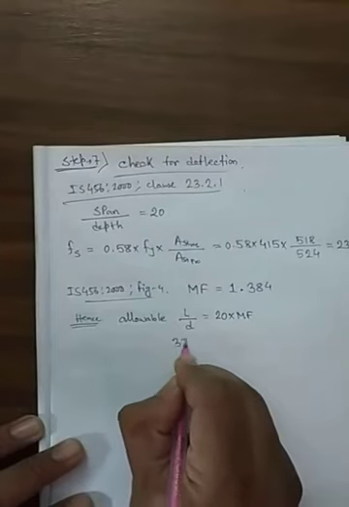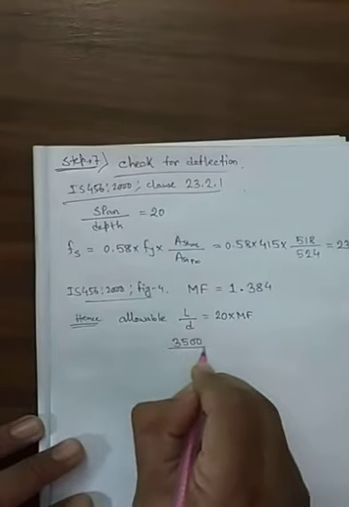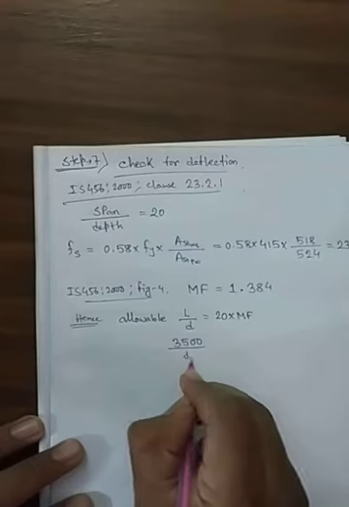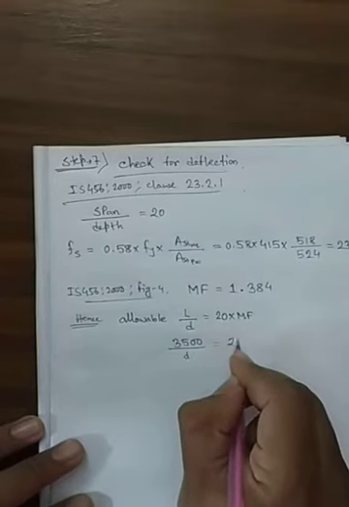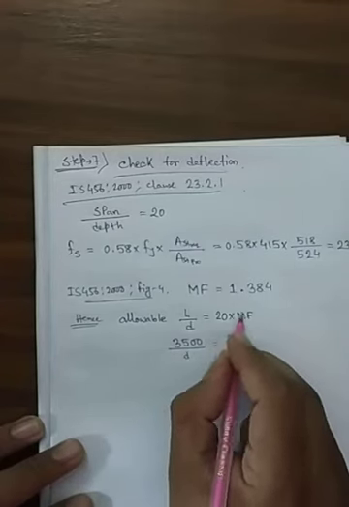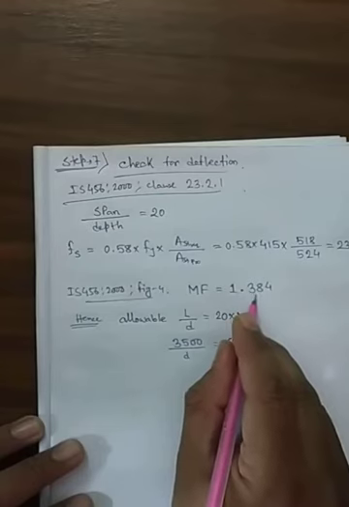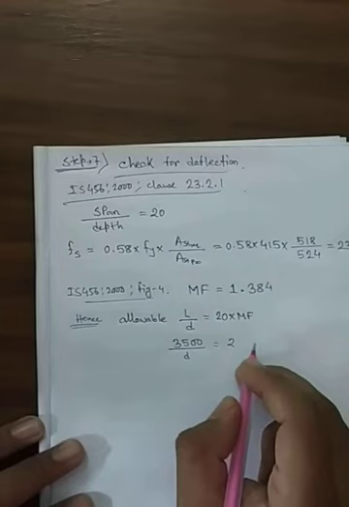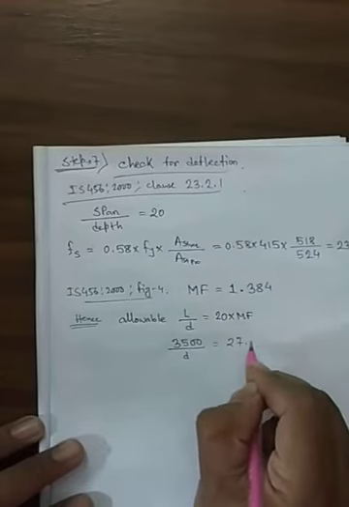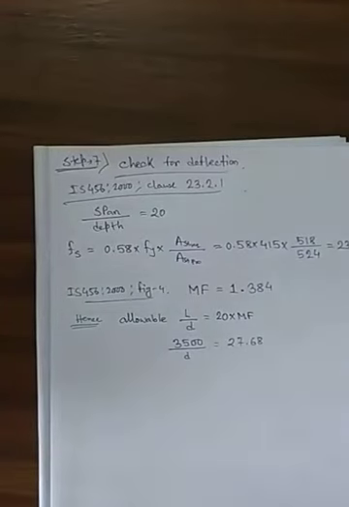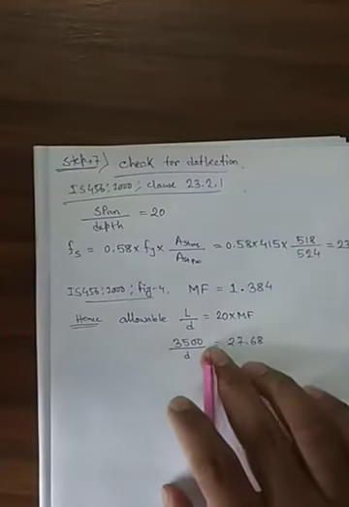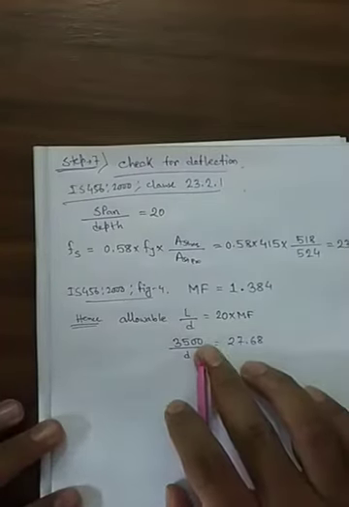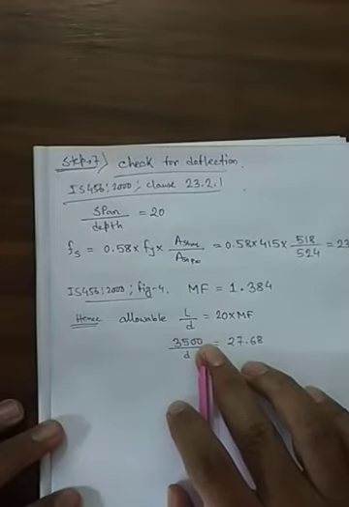So our L is 3500 divided by D is equal to 20 into 1.384, that means the value comes 27.68.